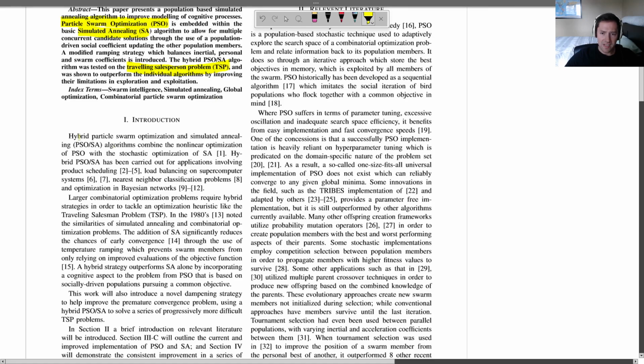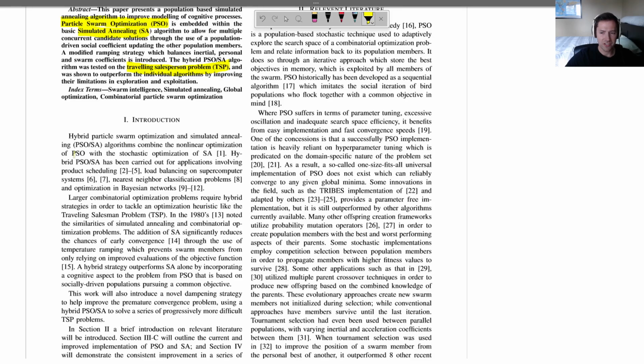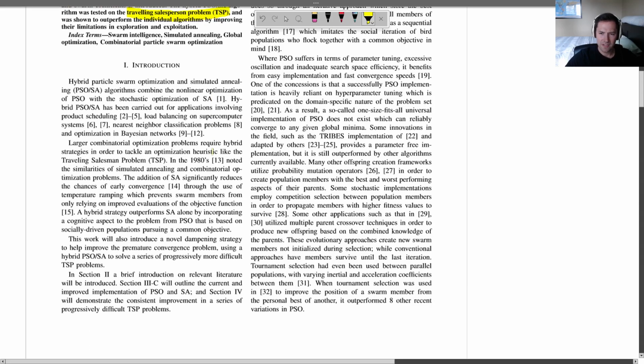So quickly, the hybrid particle swarm optimization and simulated annealing combine to solve a nonlinear optimization problem. In particle swarm optimization, you don't necessarily converge at the same rate, and simulated annealing introduces a stochastic optimization form.